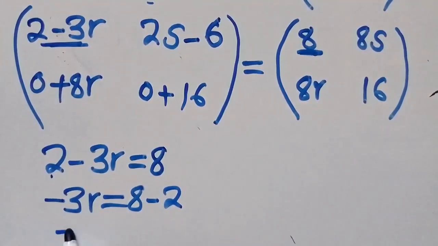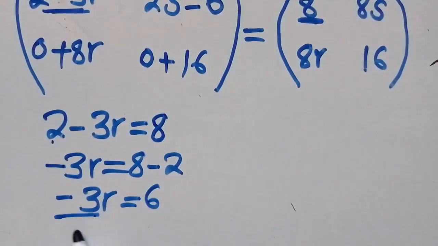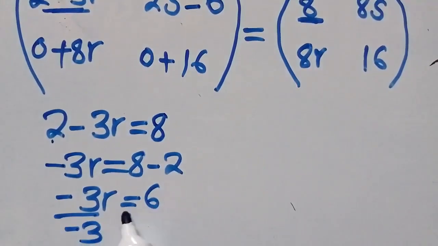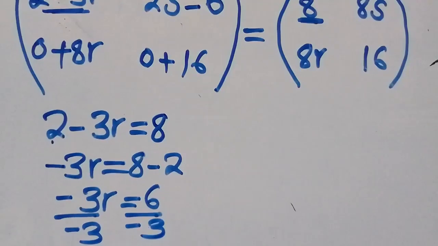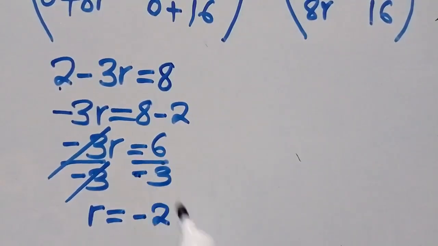Then you've got negative 3r is equal to 6, over negative 3 over negative 3. Negative 3 cancelled. Finally, you've got your r, which is equal to 6 over 3, it's 2, then negative 2. There's a negative here, so negative 2. So meaning our r is negative 2. That is the value of r.